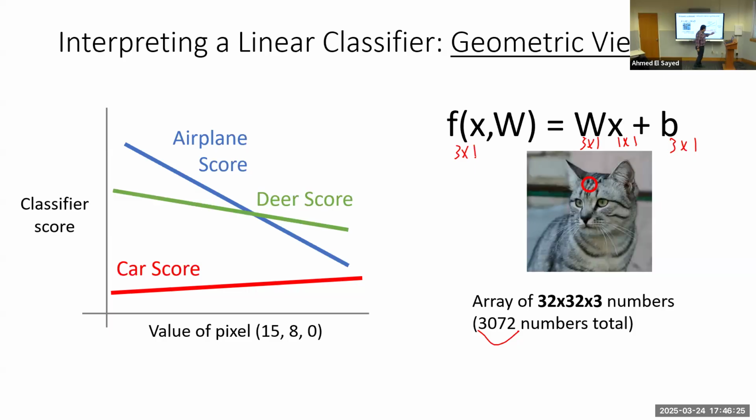Then I will plot the value of the score for all possible values of the pixel. The pixel can have a value from what? 0 to 255. For the value of 0, the scores are like that. The value of 1 scores like that, and so on. Then I will connect those scores.